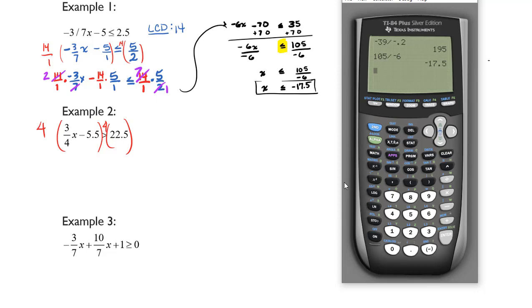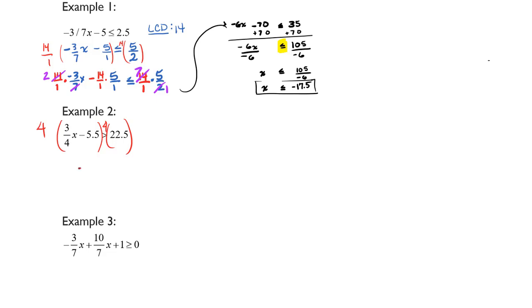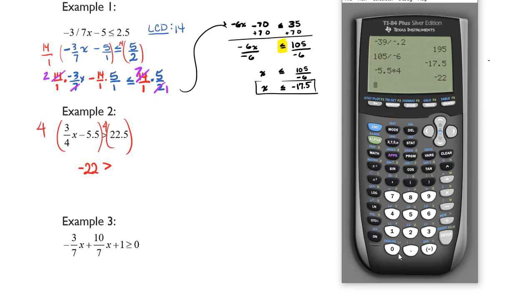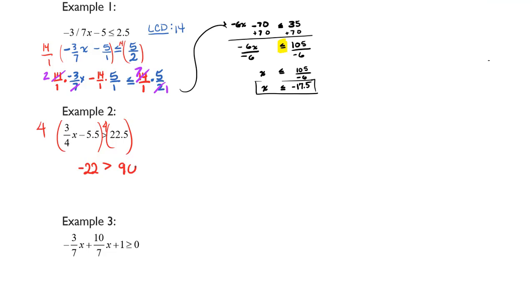The 3/4 will reduce to just 3x. I'm going to take negative 5.5 and multiply it by 4. I'll have negative 22. I'm also going to multiply the 22.5 by 4, and that gives me 90 on the right side.